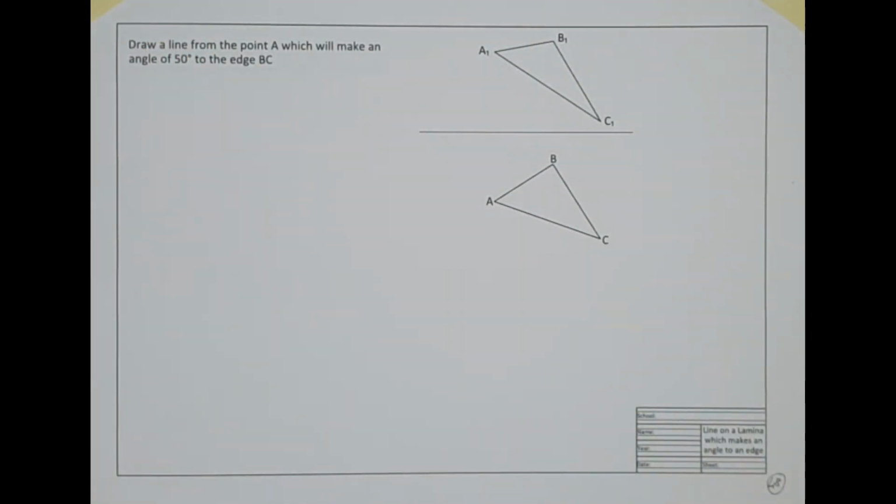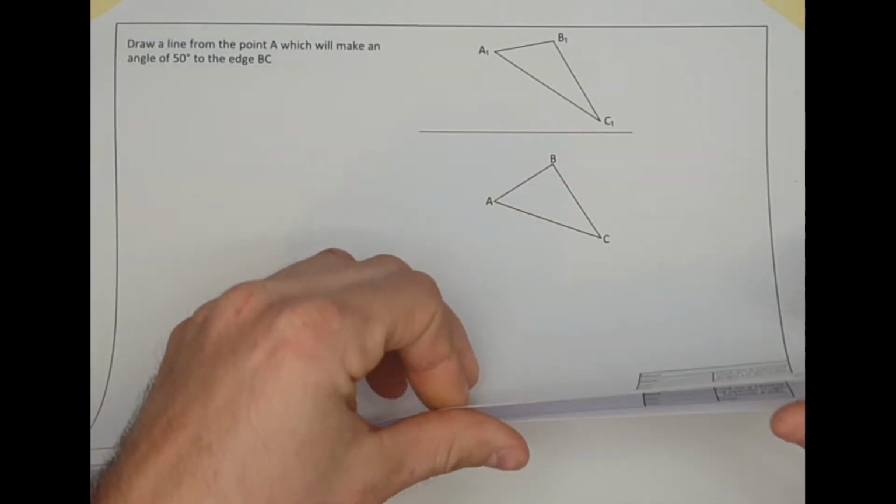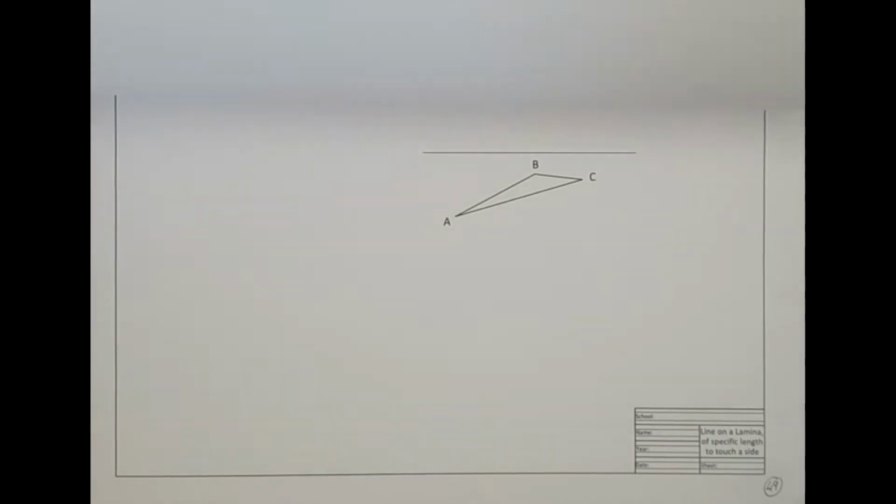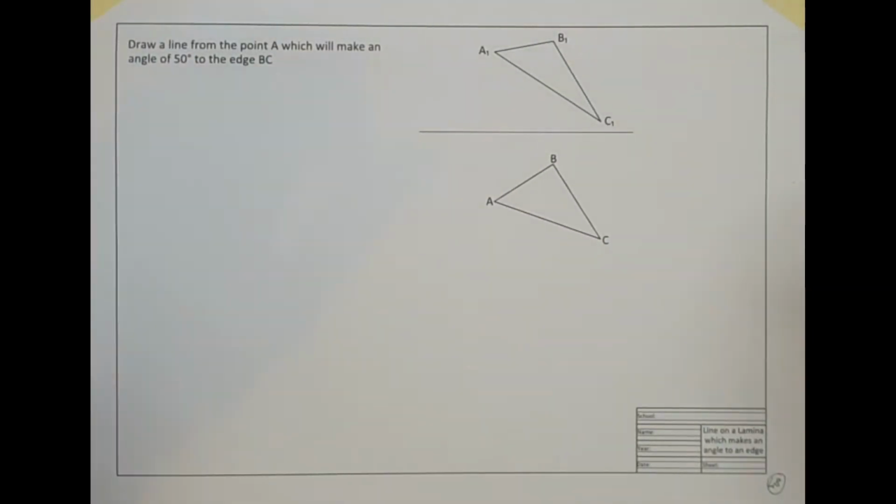Now, next one. Draw a line from point A which will make an angle of 50 degrees to the edge BC is this question, and this next sheet after that is draw the projections of a line on the plane ABC which is 30 mm long, starts at B and finishes on the edge AC. We need to realise that there's something in common with these questions, and that there's a few more ways that they could be posed as well. They're asking us to do something on the plane, so draw something on the plane.